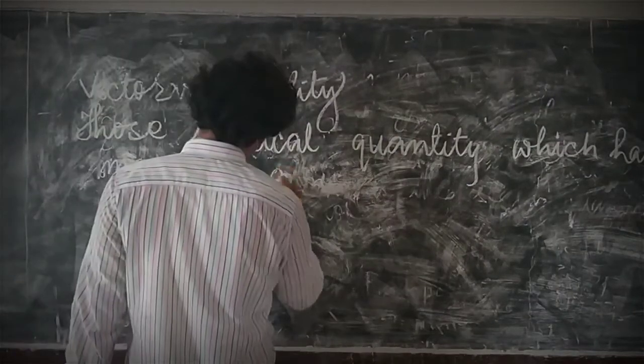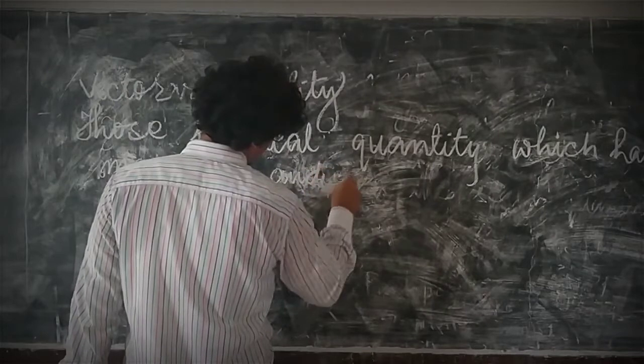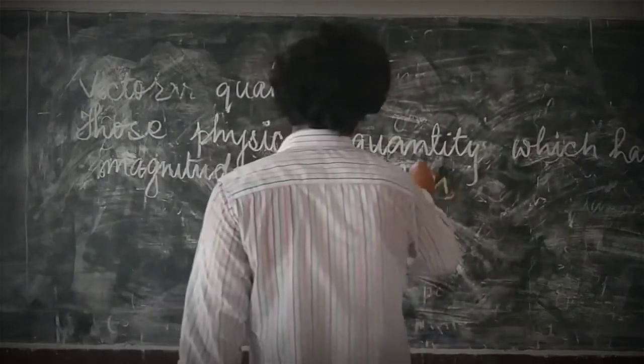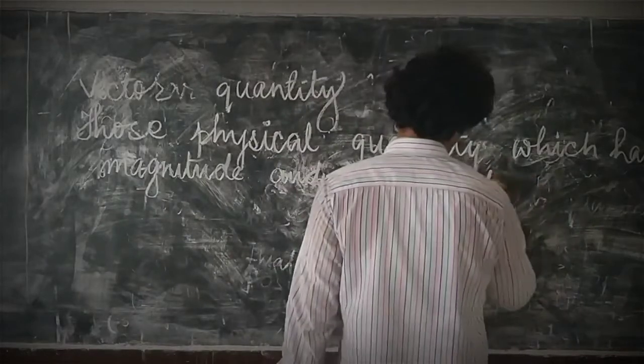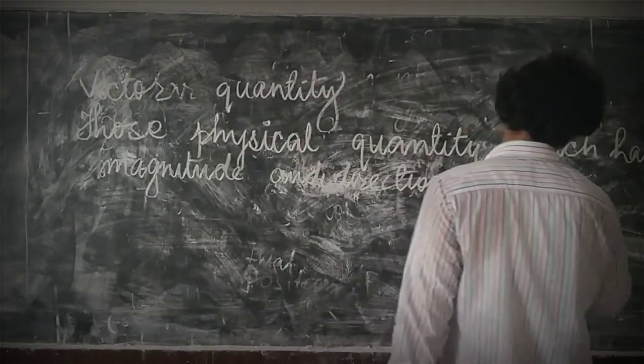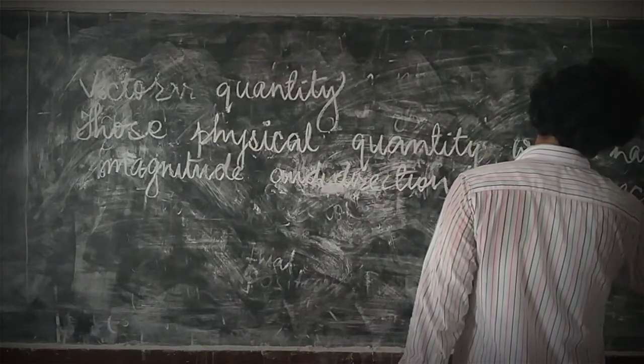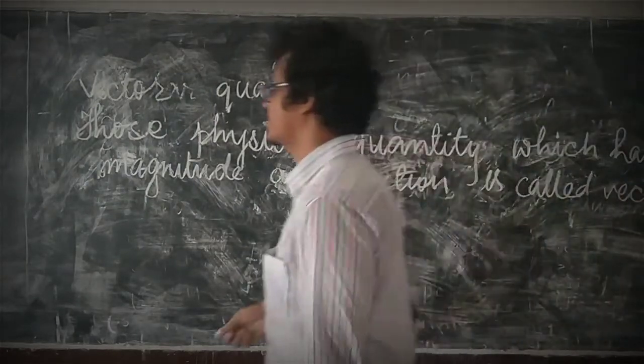Magnitude and direction is called vector quantity.